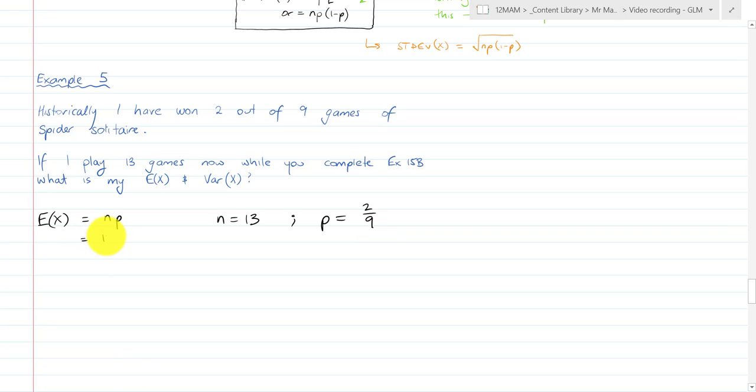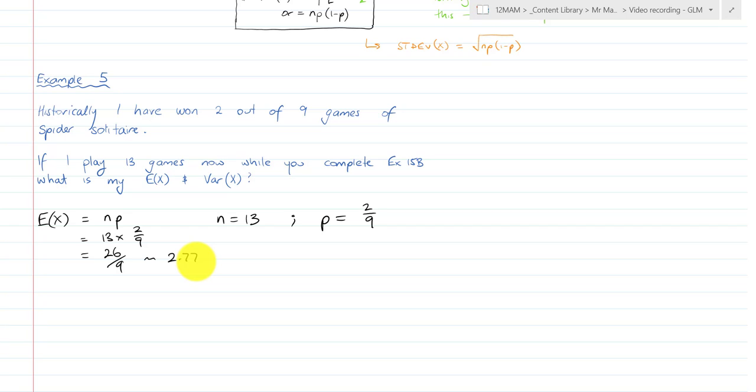So I get 13 times 2/9, which is 26 over 9, or about 2.77.